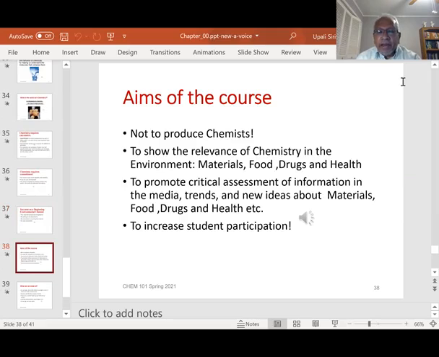I'm not planning here to turn you into chemists. Don't think that I am trying to do that. I am trying to give a view of chemistry from a chemist's point of view so that you can take that knowledge away to environmental problems.